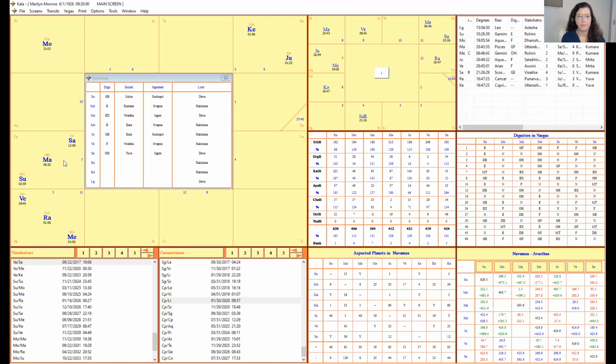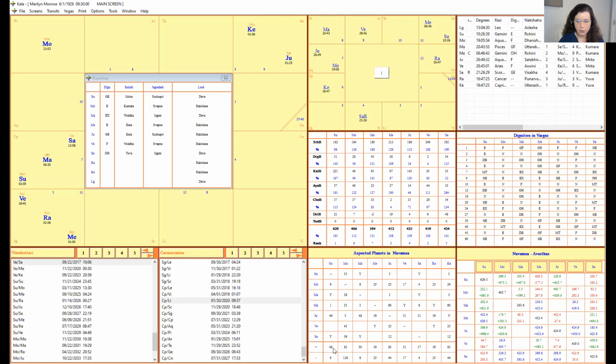Wow, this is really interesting how we can look at this. If we look at here the Sun, we see that the sun is placed in a great enemy dignity. We see that the sun is aspected by Graha, aspected by the moon, by Mercury, and by Jupiter.